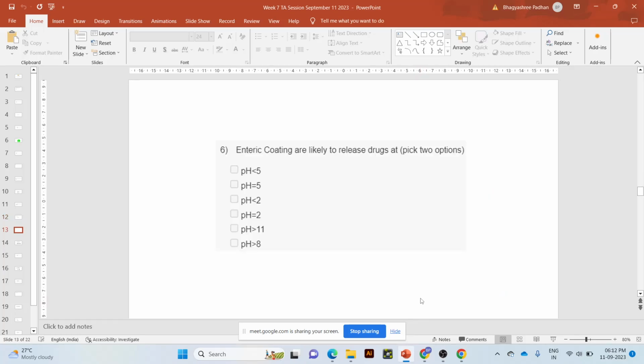So next question. Enteric coatings are likely to release drugs at which pH? Two options are correct. pH less than 2. You have to select two options. Ma'am, fifth and sixth option, the last two options, because for enteric coated, the coating should dissolve in alkaline medium, that is in the intestine.